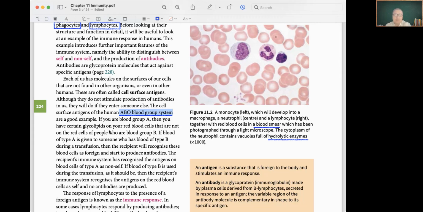And then they will form the complex of the antigen and antibody, and the blood will coagulate, in Chinese, 凝血.